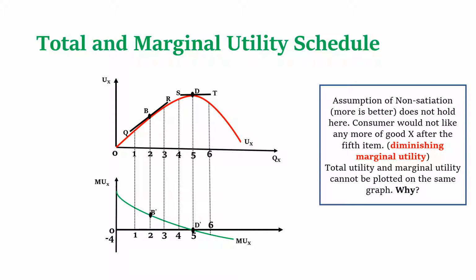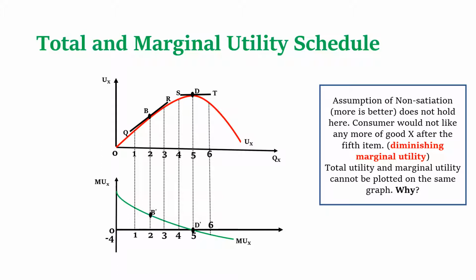So if you look at the point where the marginal utility diminishes, after what point? Maybe point D. You see the marginal utility moving down to zero, to negative. So the consumer reaches a saturation point at point D. Point D corresponds to D prime, where the marginal utility is 0.